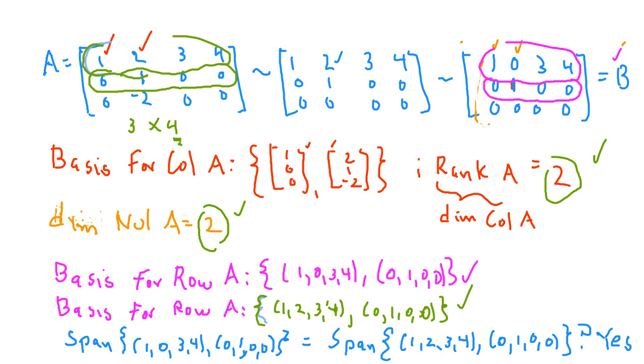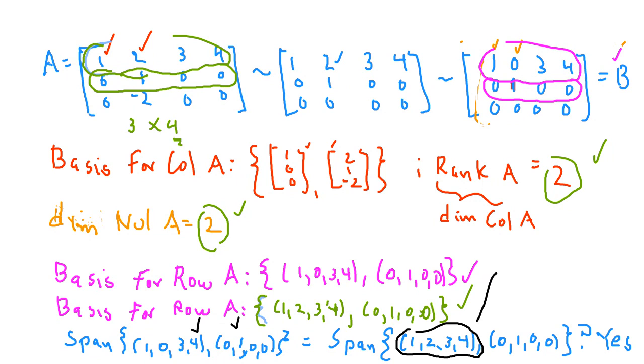But you might say, well, Dr. Diddy, if I look at the 1, 2, 3, 4 here, how am I going to get that based on the span of the vectors 1, 0, 3, 4 and 0, 1, 0, 0?